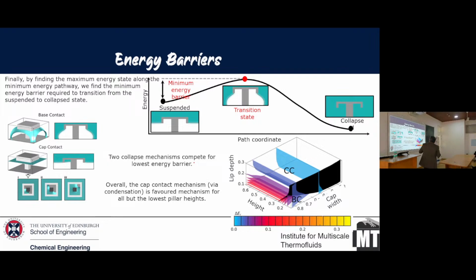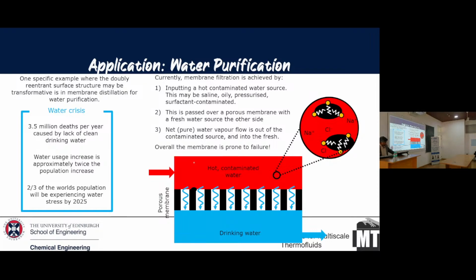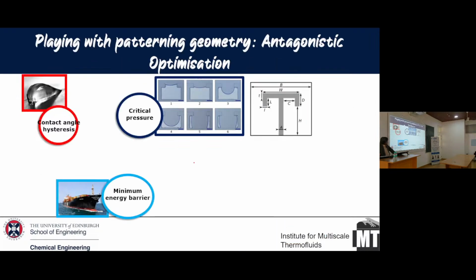So that's why people have to be very careful in designing these substrates, depending upon the application they're interested in. Obviously, there are several applications. People have used it for water purification. People have also optimized these geometries for various substrates.